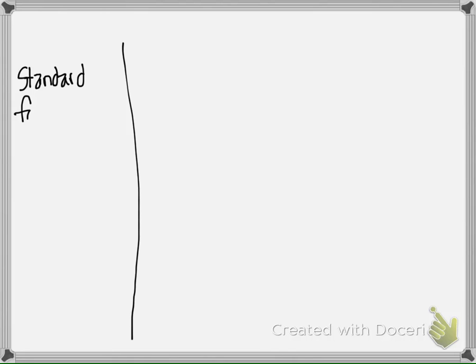So for more background information, let's talk about standard form. And we're not talking about standard form of a line, but something called a quadratic. In order to figure that out, we need to actually define what a quadratic is.